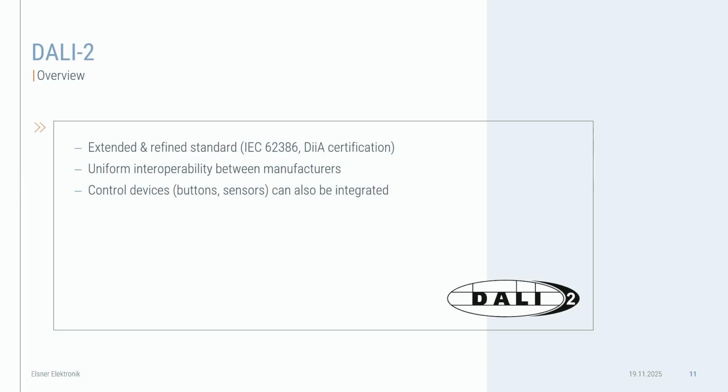Control devices like buttons and sensors can now be fully integrated into the system, and a multi-master capability allows several controllers to operate on the same bus. This improvement makes DALI 2 more reliable, flexible, and suitable for complex lighting installations.